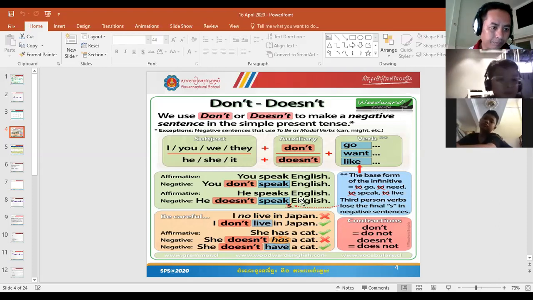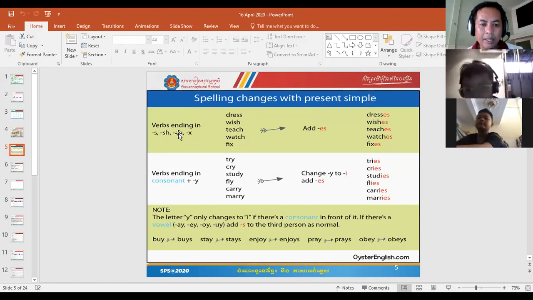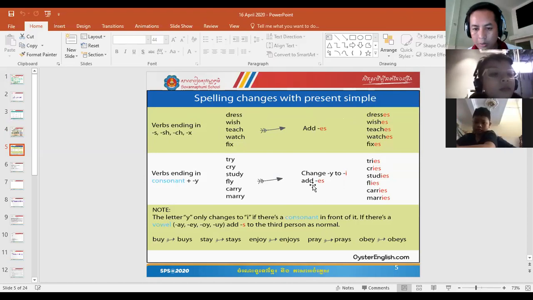Now I move to the next one. The one you have to know about, when we use present simple again: verbs ending in S, SH, CH, X, O, we add ES. Verbs ending in Y, when we use them with third person singular, we have to change Y to I and add ES.